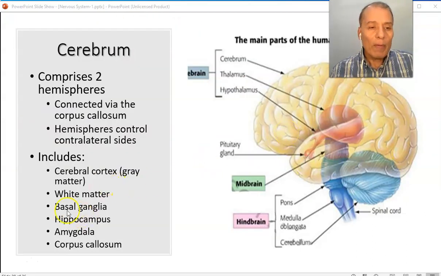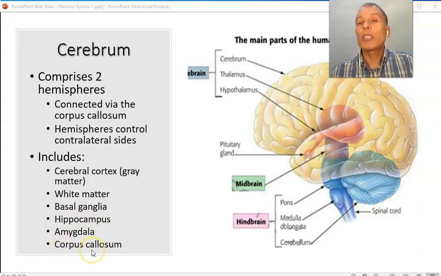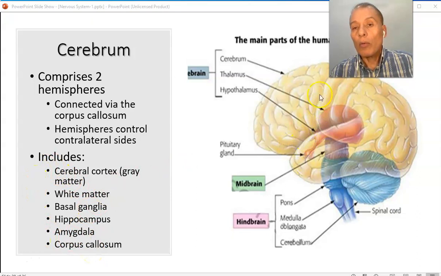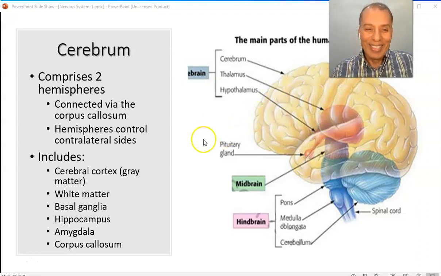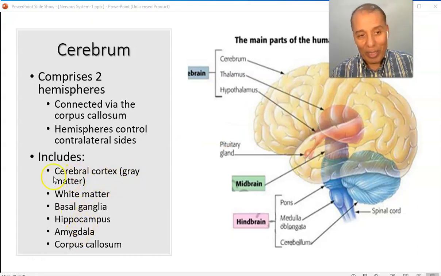And then we have the basal ganglia, which I'm going to explain, and then the hippocampus, the amygdala, and the corpus callosum. All of these are part of the cerebrum. Please do not forget this name. We will explain what these are: 1, 2, 3, 4, 5, and 6.